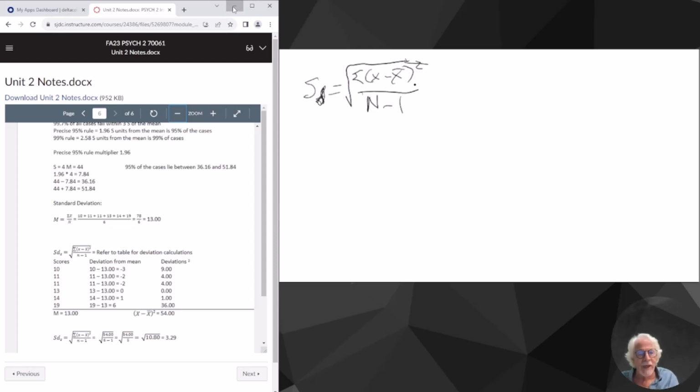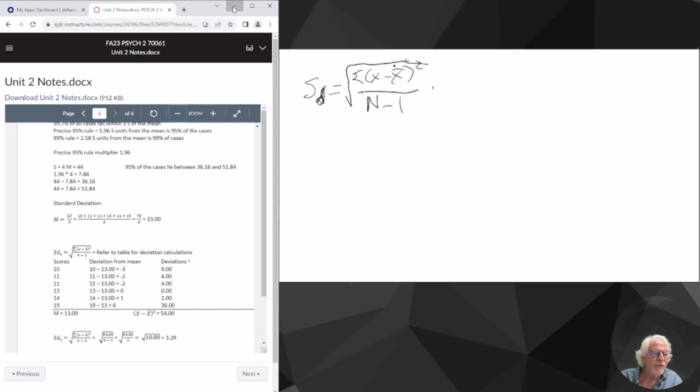Remember again, this is for a sample, and in the questions and the worksheet I definitely differentiate and remind you sample versus population. So this is the sample. So what does this equal? How do we do this?